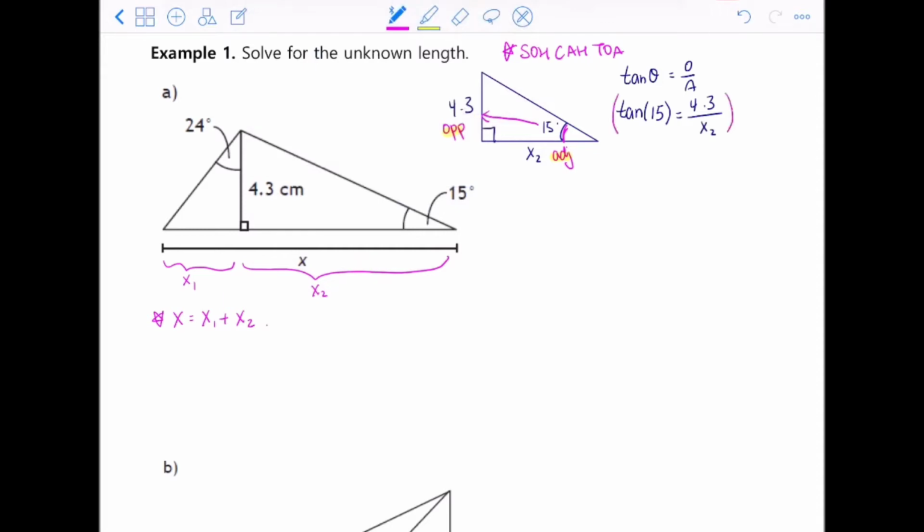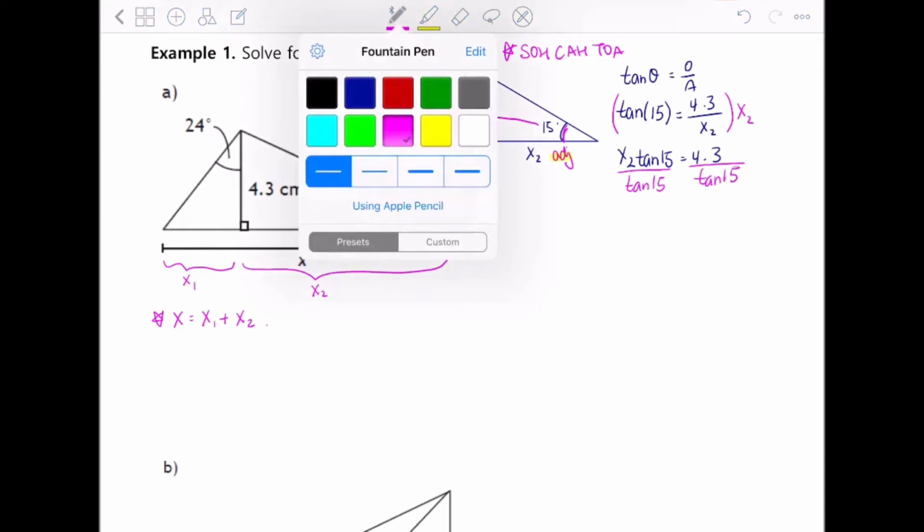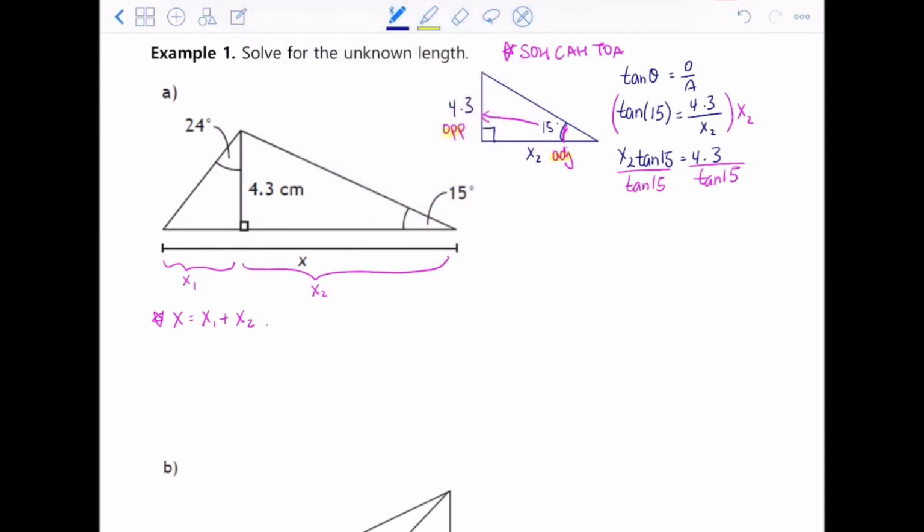We'll multiply both sides by x2. We have x2 times tan of 15 equals 4.3. And then we're going to divide both sides by tan 15. And again, the tan function is a package, so you cannot divide tan or 15 separately.